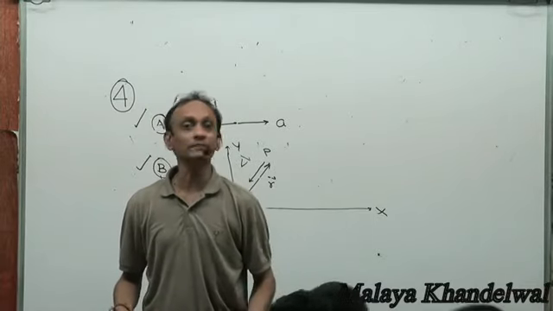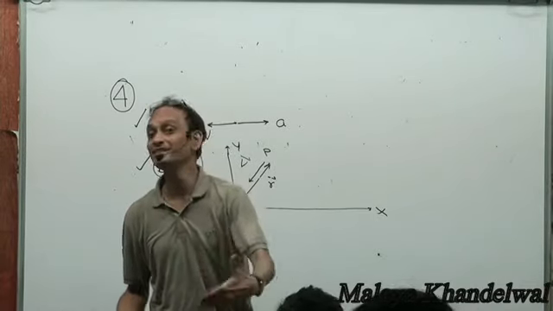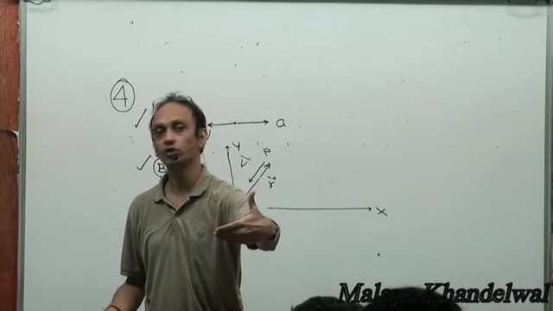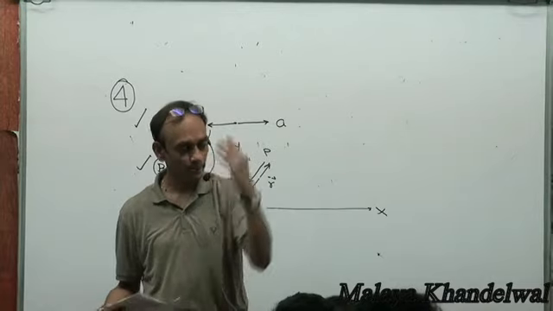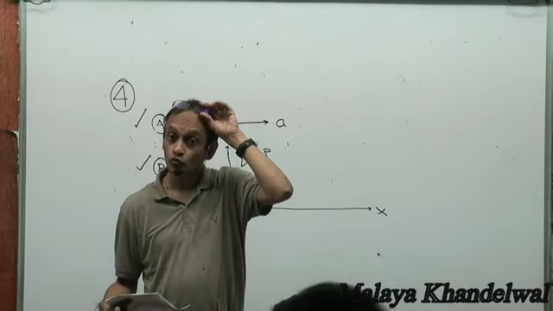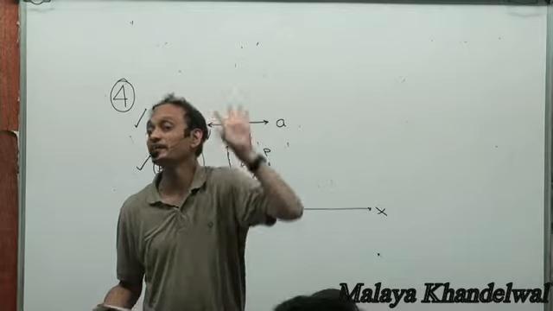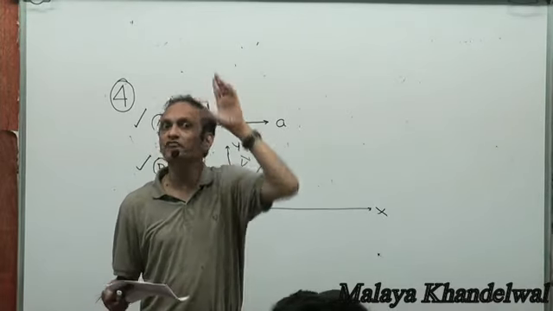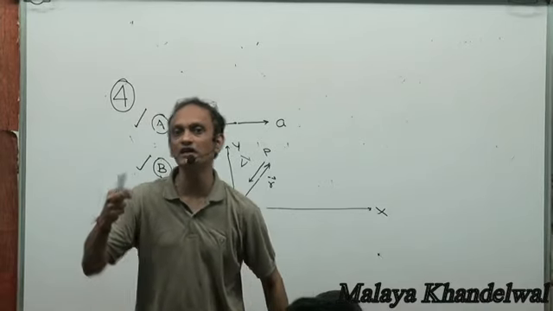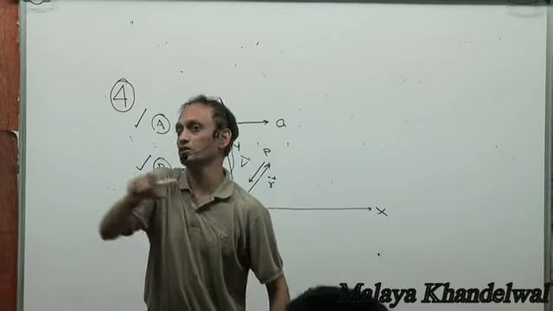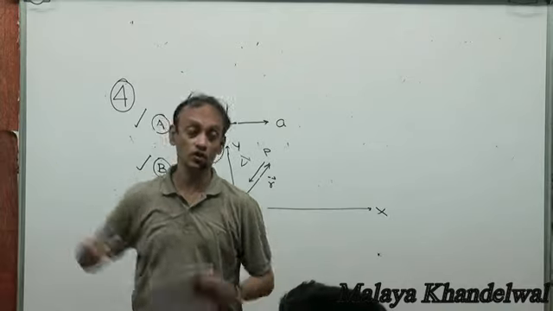So velocity might become zero at a given instant, but that doesn't mean the acceleration is zero. Got me? So it's not true. Velocity zero does not mean that acceleration is zero, right? And if acceleration is zero, does it mean that velocity is zero? If acceleration at a given instant is zero, no. The particle could have been moving with a constant velocity.